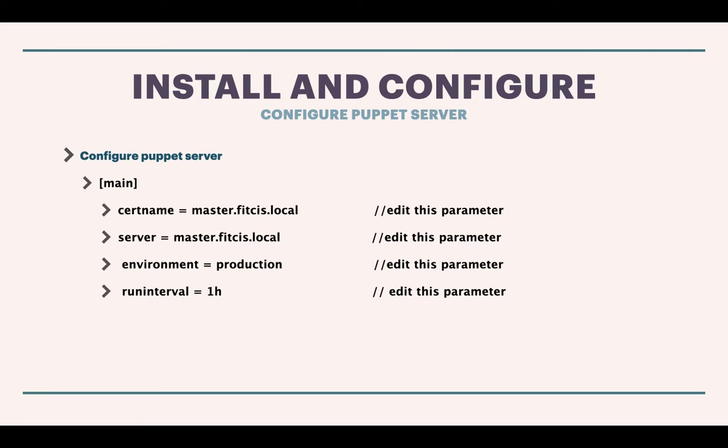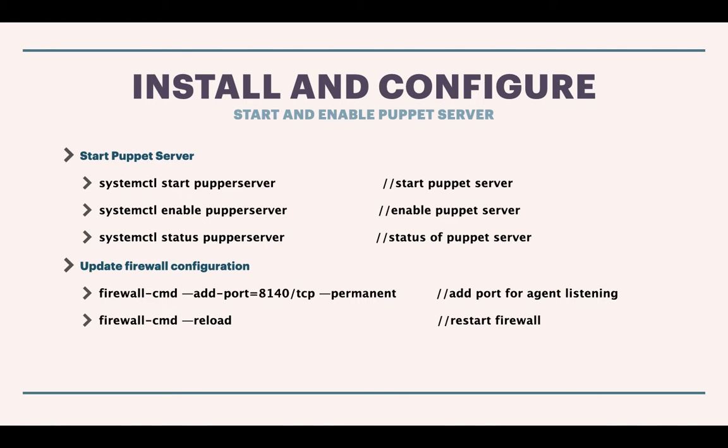The environment that this server will perform under is a production environment, and a run interval of 1 hour is how often the Puppet agents will check the Puppet master for configuration changes. When that's complete, you want to go ahead and start and enable Puppet server and configure your firewall to allow port 8140 to listen for incoming connections.